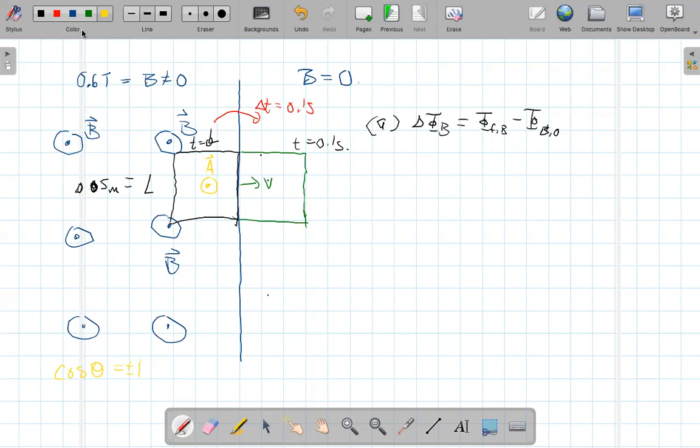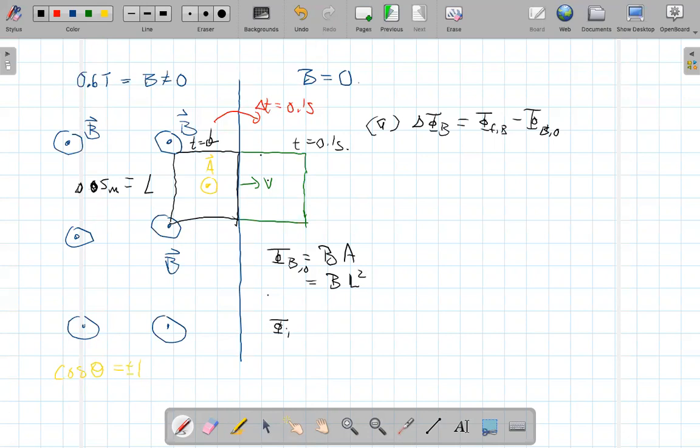So my initial flux, which is coming through my coil, is simply going to be the magnetic field times the area, which is the entire area. So this is then B times L squared.